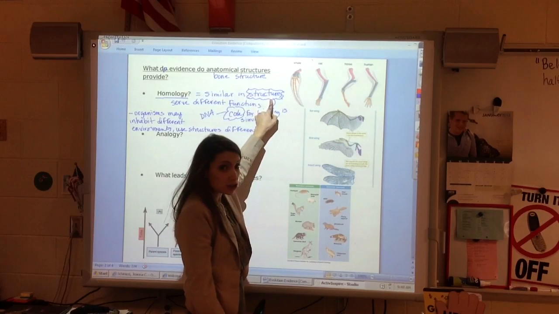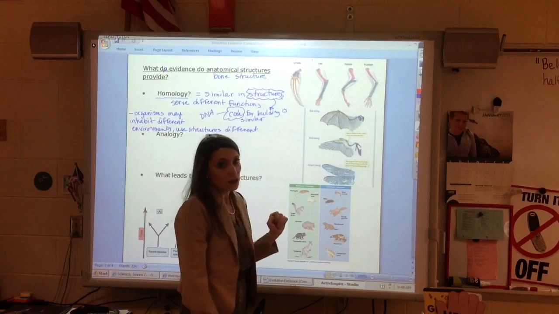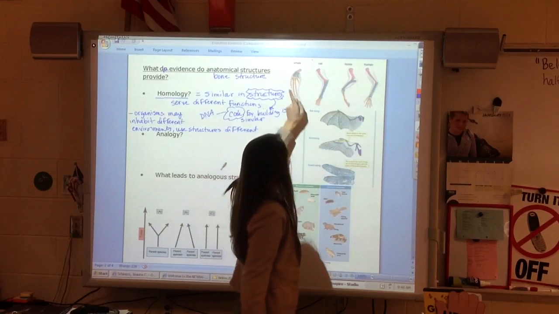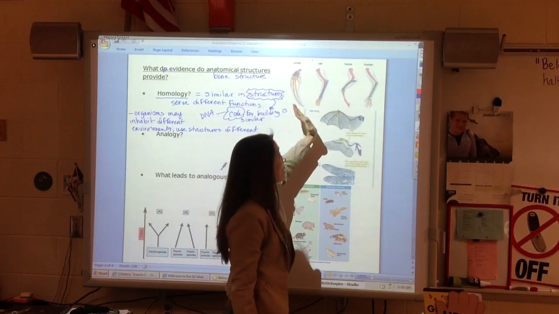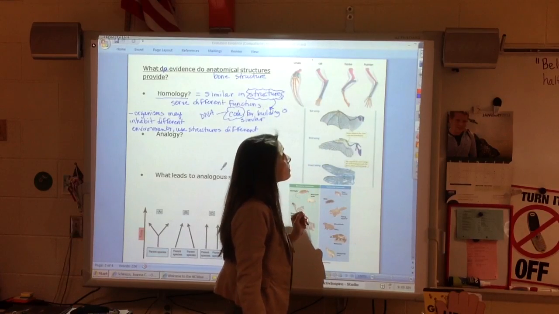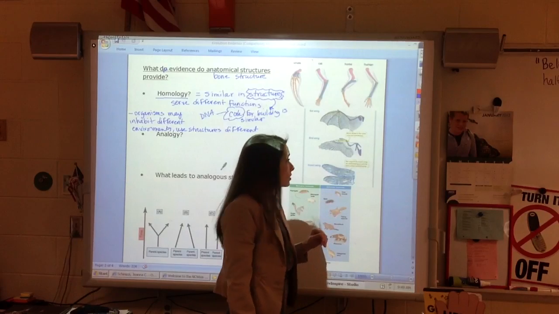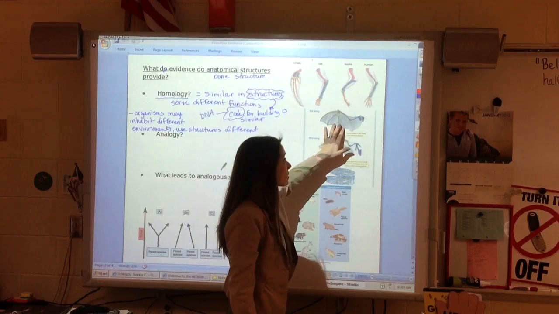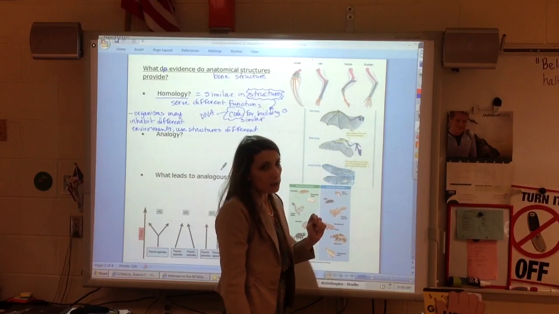So the structure is the same or similar, but the function is very different. A whale is going to use these bones to help it swim. A cat is going to use these bones to help it walk or locomote, similar with a horse. If we even look at a bat, we see a kind of similar bone arrangement as well.